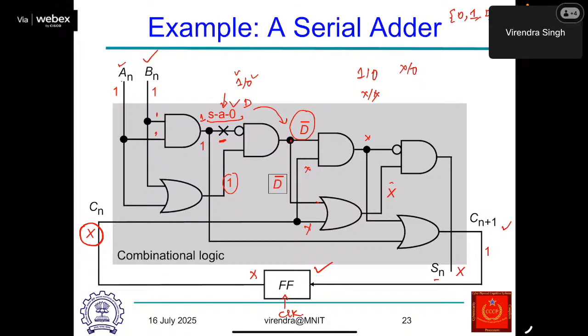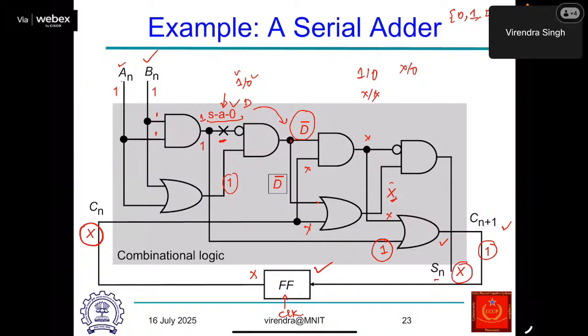So that x 0 would be x, and therefore this other input of this gate would be x, and this x will give me output as x. The output of this gate is x from here, but I am getting 1 from here. 1 is a controlling value, and therefore it will determine the output as 1. This 1 will go to this flip flop, but at the primary output I am getting value x.